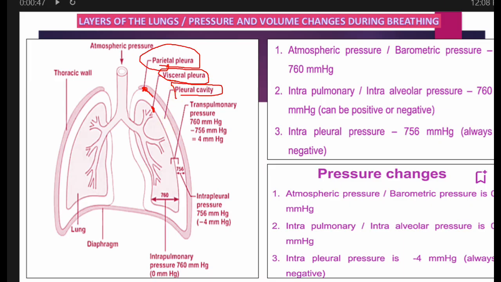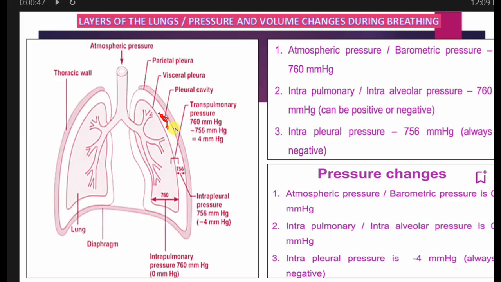So, what we are having here is a space, this region here, that is between the visceral pleural and the parietal pleural.